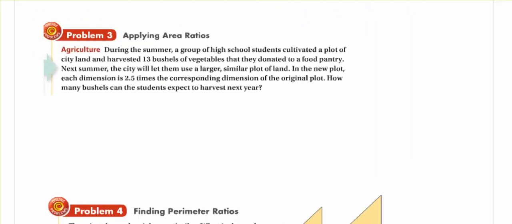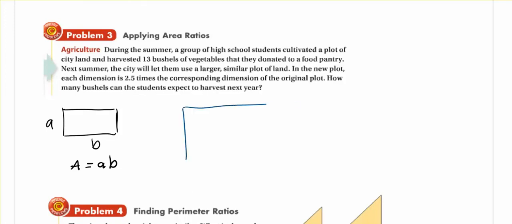Okay, so in problem 3, a group of high school students cultivated a plot of city land. It doesn't say what the shape is, and it doesn't really matter what the shape is. We can still answer the question, but let's just assume that it's a rectangle, so a by b. And so the area of this would just be a times b, right? But the next year, they're going to be given a larger plot of land that's 2.5 times as big. So this is 2.5b and 2.5a. So you can use some of the theorems, but I think it's just easier here to calculate the area.